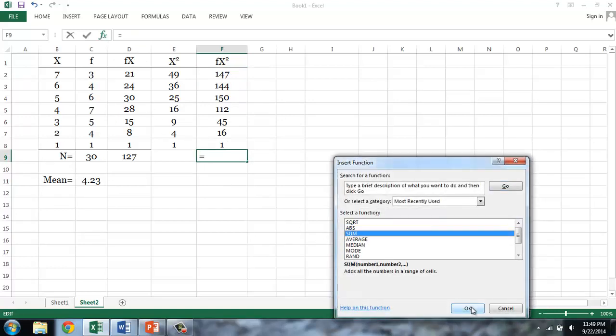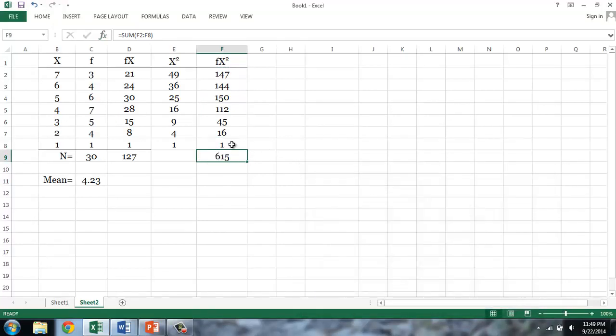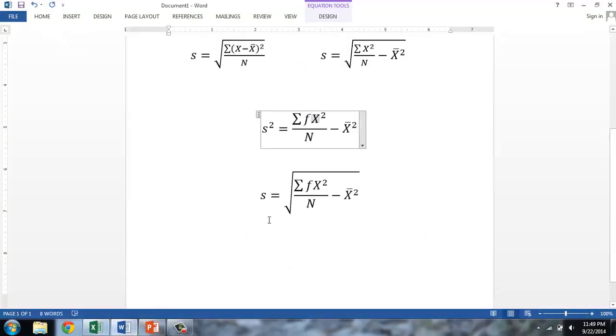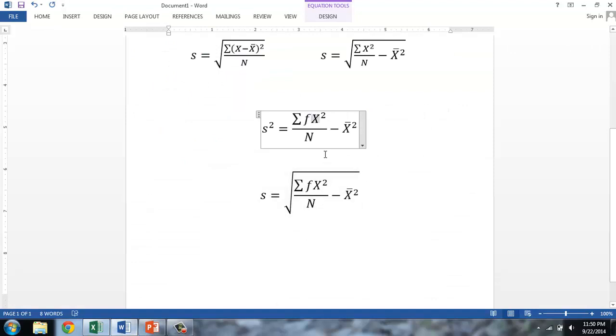I will now sum this column, which gives us the numerator of this expression. Next, I divide by n, and then finally subtract the squared mean.